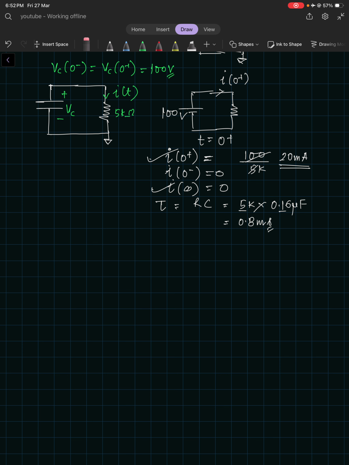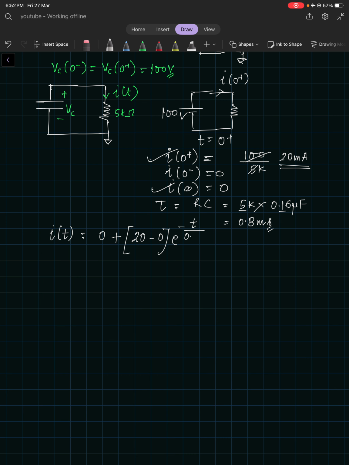Okay, now the question becomes very easy. I of t would be I of infinity, which was 0, plus I of 0, which was 20 milliampere, minus I of infinity, times e to the power minus t by tau.